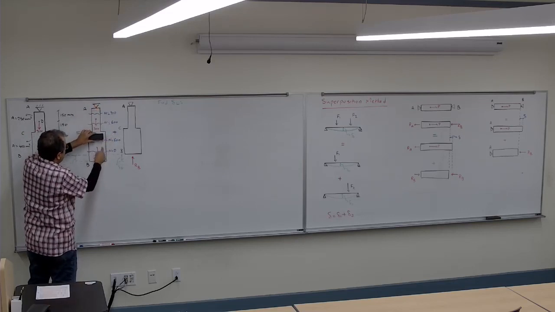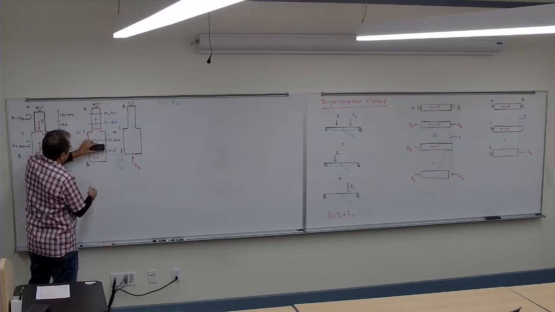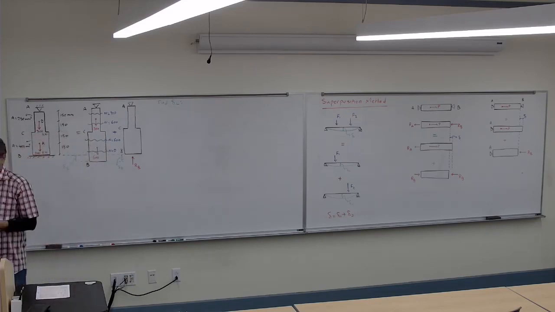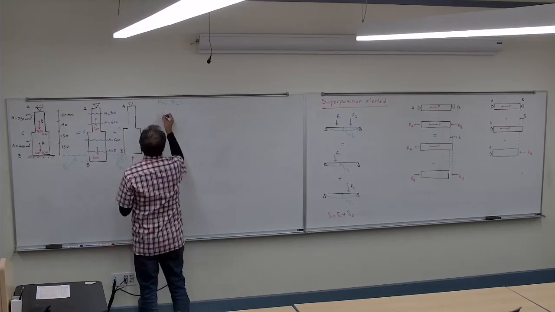If I cut it here, N pulling it up, 600 down. And if I cut it here, nothing pulling it down, so it's going to be 0. You agree on that?